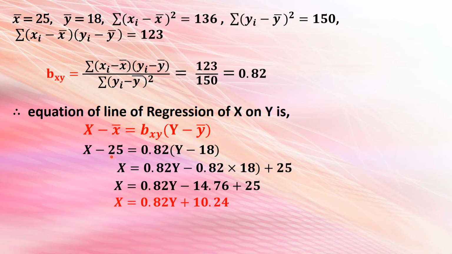Now take this minus 25 to the RHS, it will become plus 25. x is equal to 0.82 into y minus 0.82 into 18 plus 25, and multiply these two quantities, you will get minus 14.76, and x is equal to 0.82y. By adding, we will get plus 10.24. So the regression equation of x on y is x is equal to 0.82y plus 10.24.